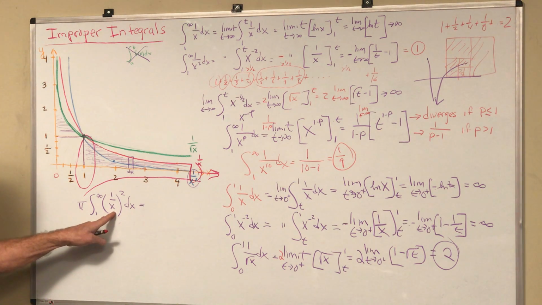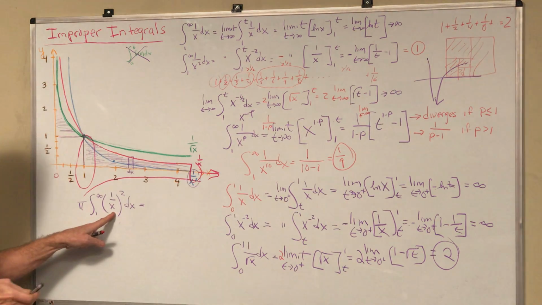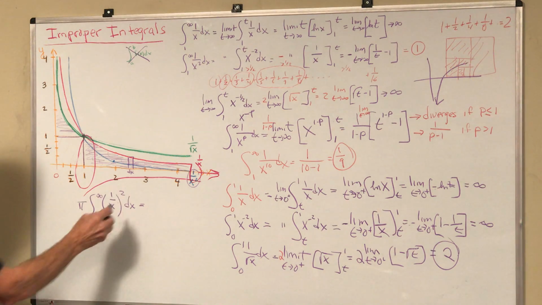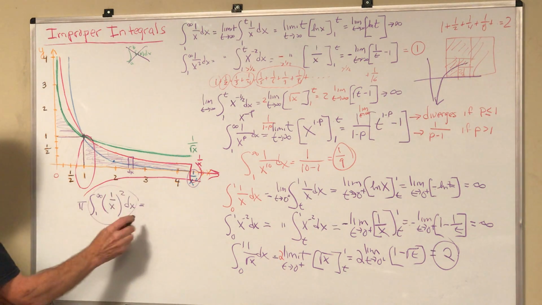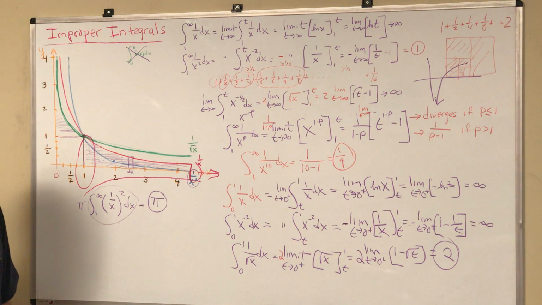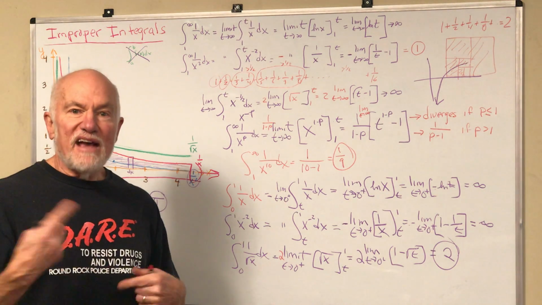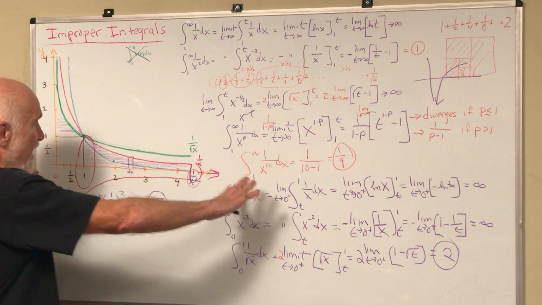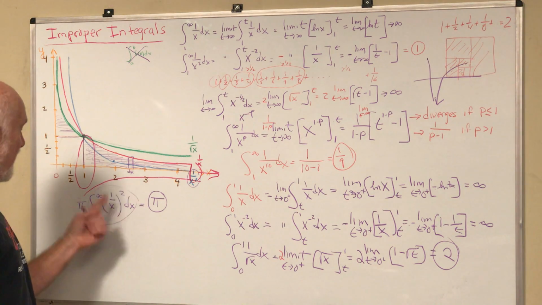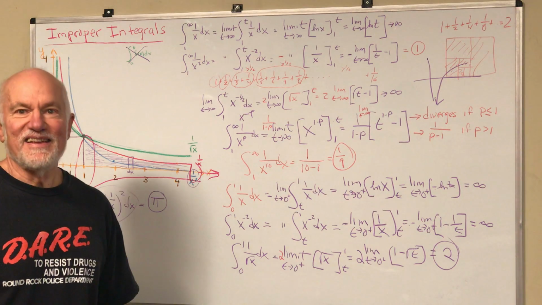This is just 1 over x squared, and we already found that the area was 1. So that means this whole integral is going to turn out to be 1. The whole volume is equal to pi. So it's kind of an interesting thing. We take this infinite area and revolve it around the axis and form a volume of this horn, which is very finite. This is a paradox.